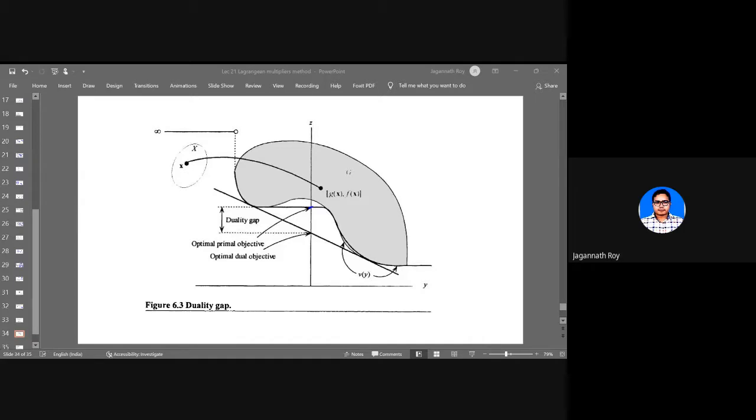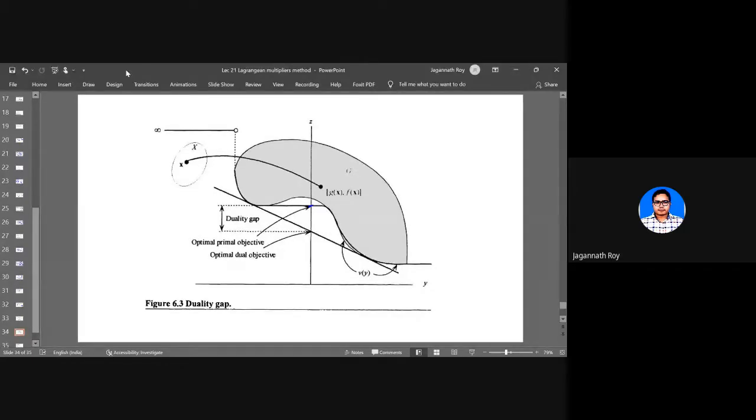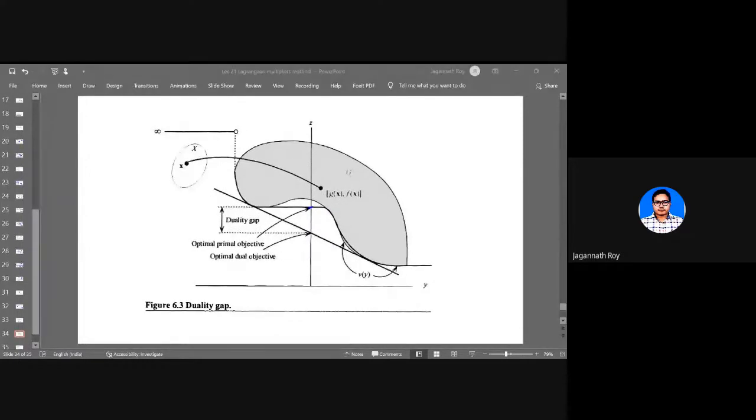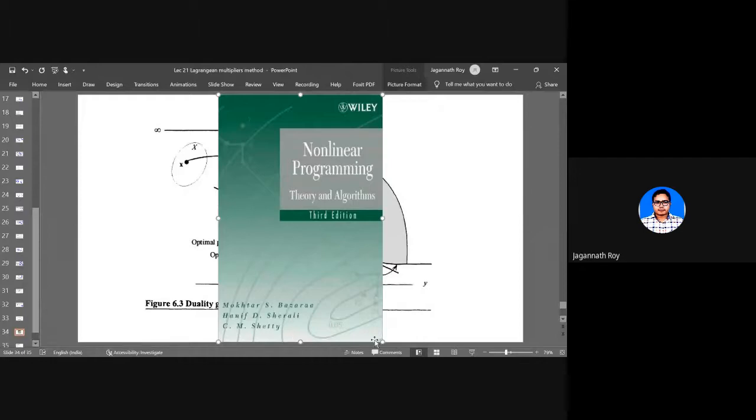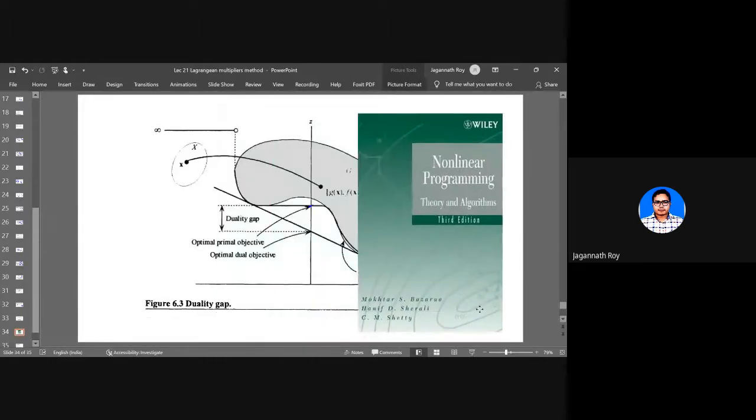So let me show that book actually. This is a book by Mokhtar Bazaraa, third edition. Yeah, this one.